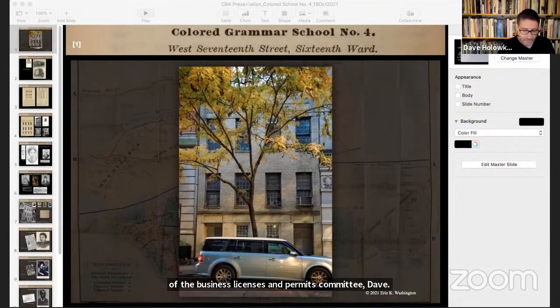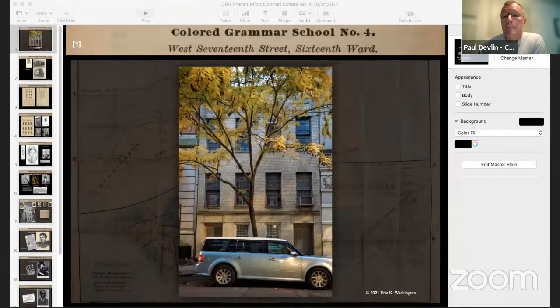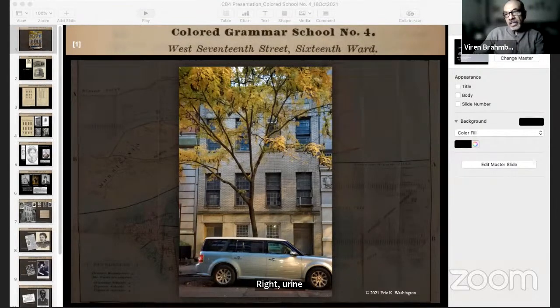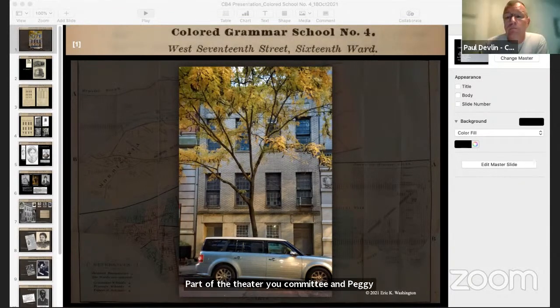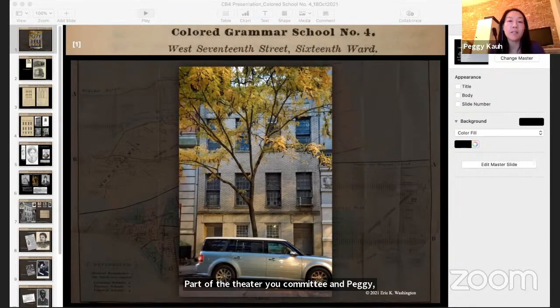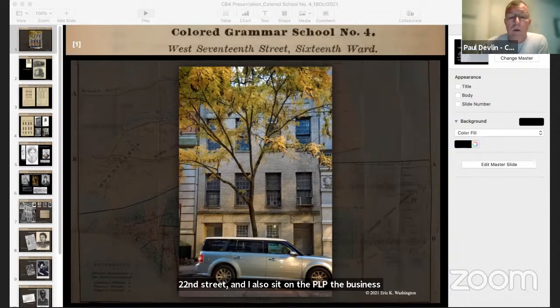I live between 9th and 10th Avenue on 19th Street, and I'm a member of this committee. Hi, I'm Viren Brambles, architect of Urban Nirvana. I live in Chelsea, 20th Street, part of the CLU committee. And Peggy. Hi, good evening. Peggy Coe. I live at 9th Avenue and 22nd Street, and I also sit on the BLP, the Business License and Permit Committee. Thanks. I think that's everyone now. So Betty, back to you.